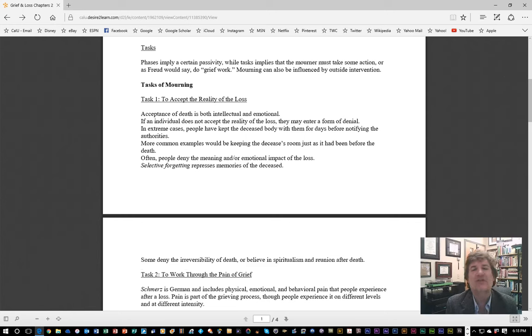So when we look at the tasks of mourning, task 1, to accept the reality of the loss. This goes along with a lot of the previous models, stage and phase. Acceptance of the death is both intellectual and emotional. It may seem very unreal in the beginning. If an individual doesn't accept the reality of the loss, they may enter a form of denial.